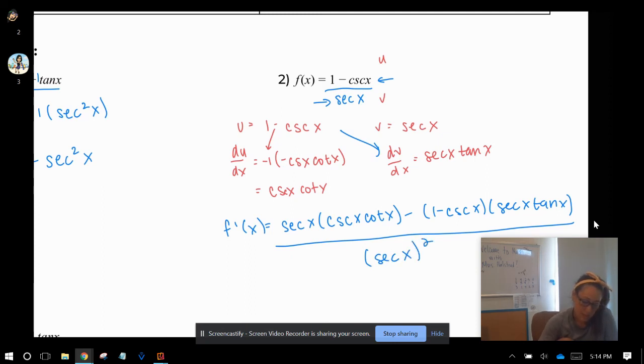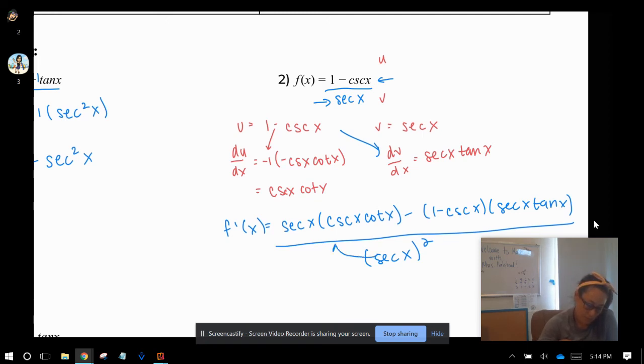I can see right now that the secant squared x is going to divide out of my two pieces here.